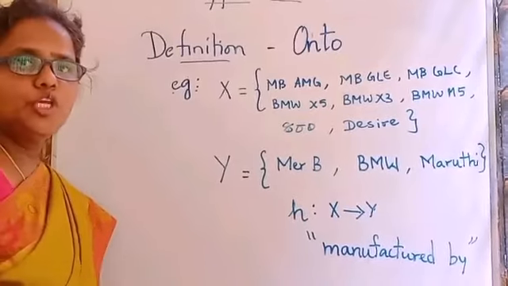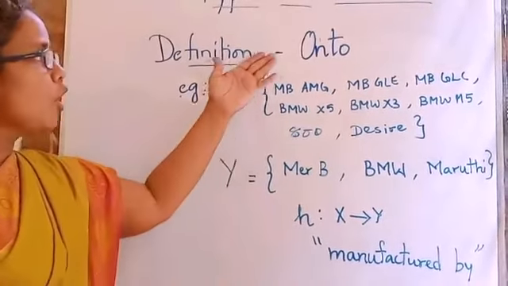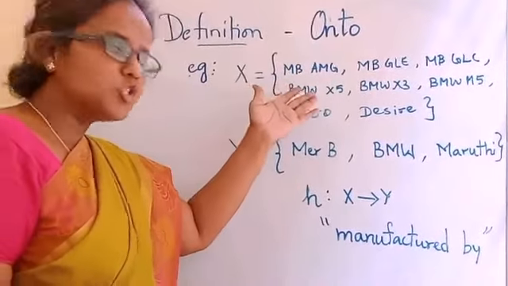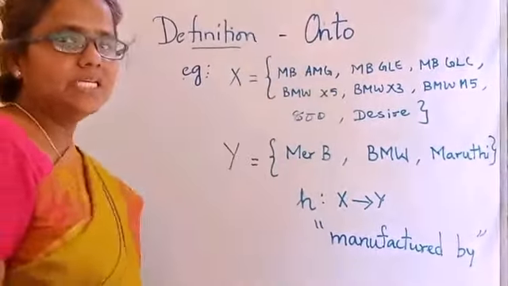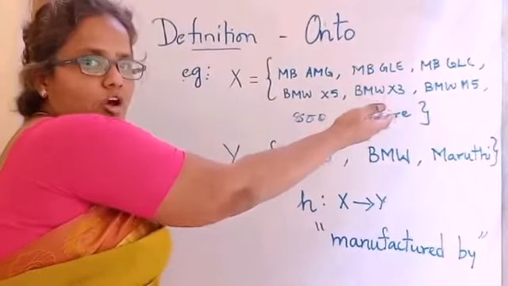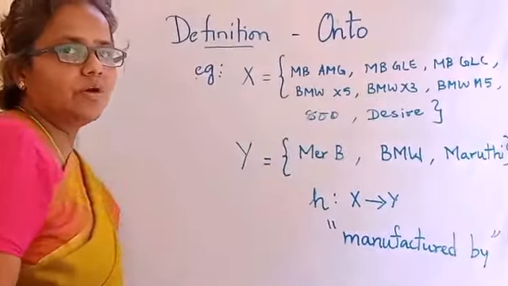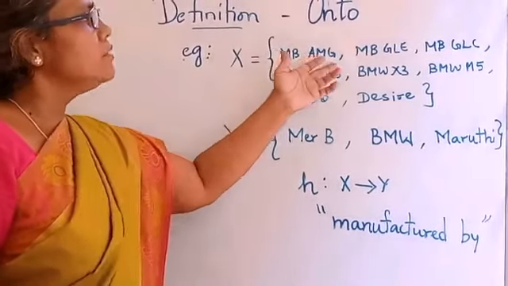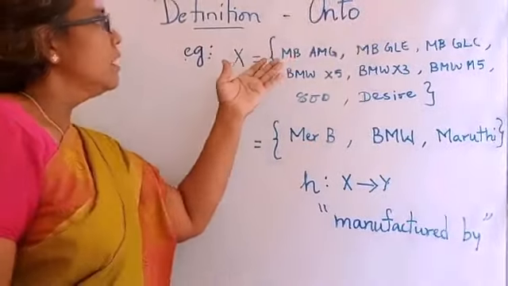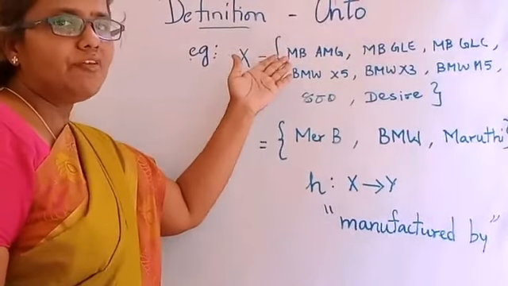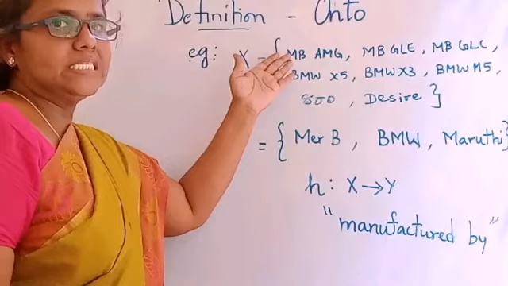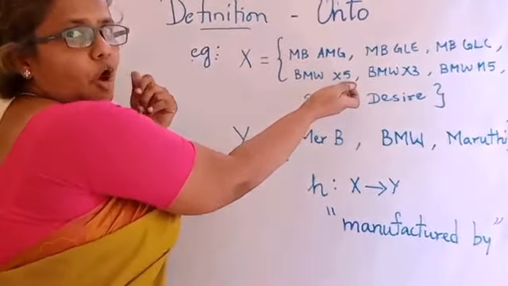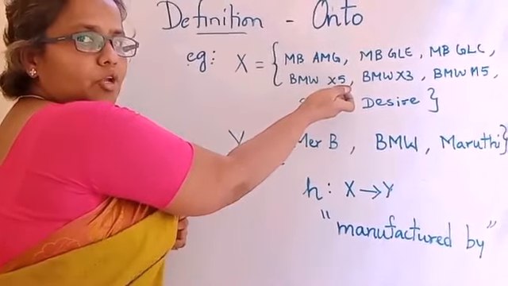Once again, here I am showing you a real-time example for an onto function. When you look at this, most of you might know what I have written within it. They are nothing but the models of the vehicles. Look at the set X. Set X has MB AMG, MB GLE, which are models manufactured by the Mercedes-Benz company. BMW X5 is a model manufactured by the BMW company.